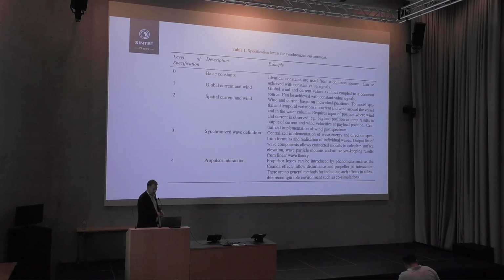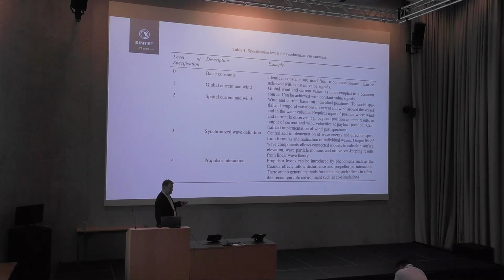We ended up with a level of specification, where we could classify our simulation models into how sharing of environment information was implemented, and the features that this enables. So basic constants, you need to have from an assurance point of view.